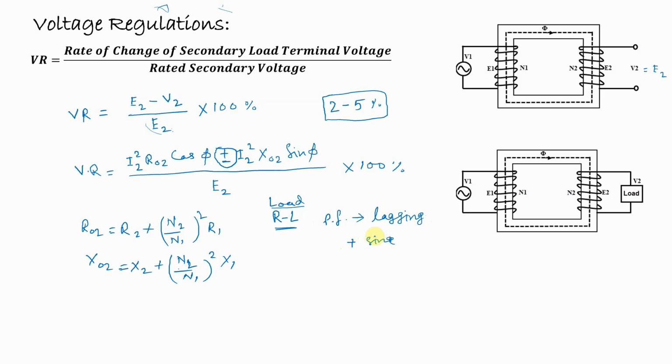So for resistive inductive load, when the power factor is lagging, in this case, we will use the plus sign in the numerator. Whereas when the load is RC type, the power factor will be leading, and then we will use the minus sign.